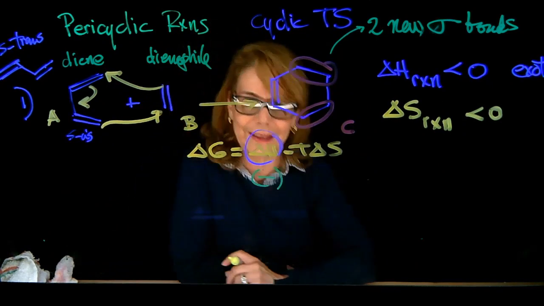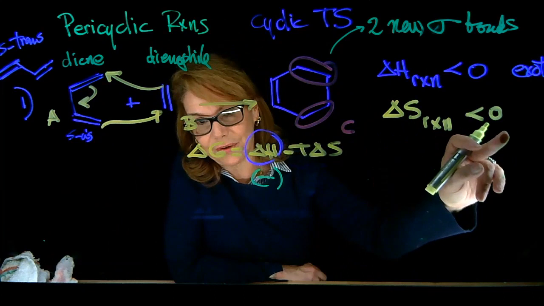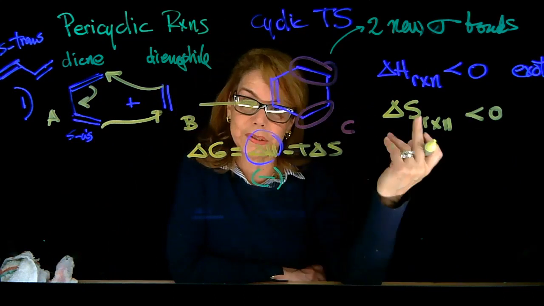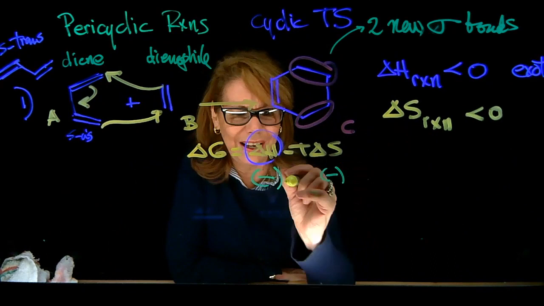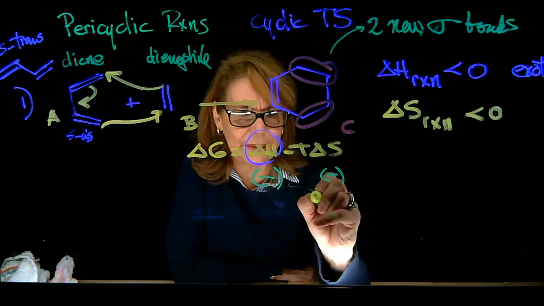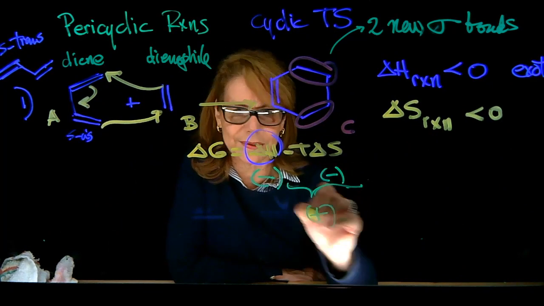Now, the reaction also has a decrease in entropy because there are fewer molecules, so a negative here. Now, this term is a negative times a negative, so the second term overall is positive.